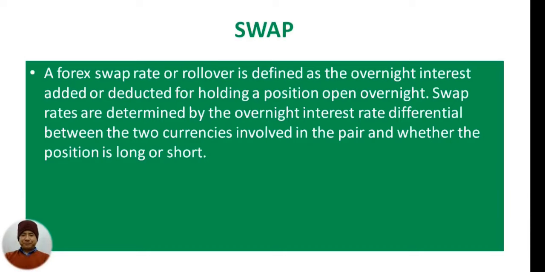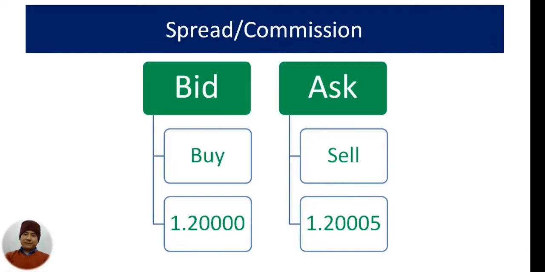All right, and then we have the spread and commission. This is again an important thing, guys. The spread is normally taken by the LPs, the liquidity providers, as we talked about earlier, and the commission is charged by the broker.